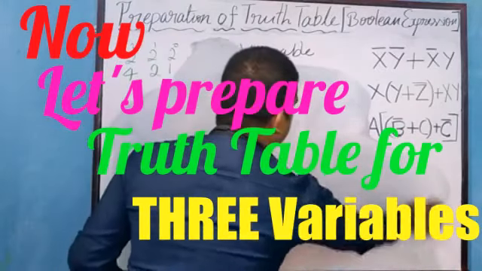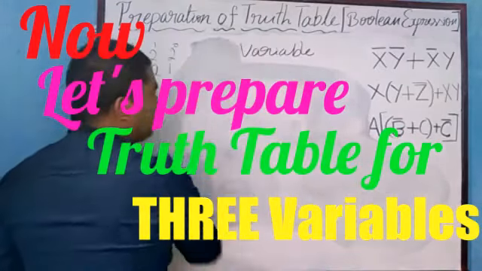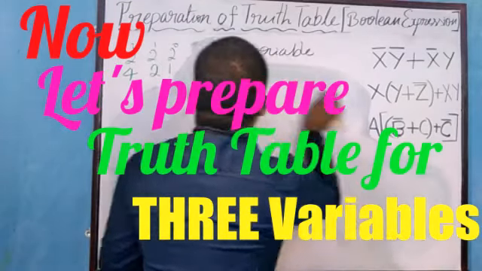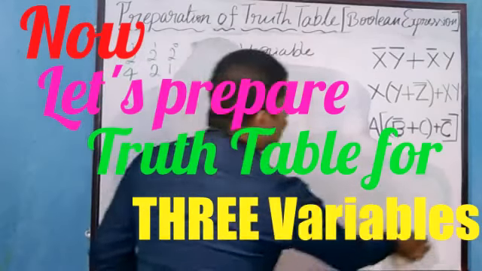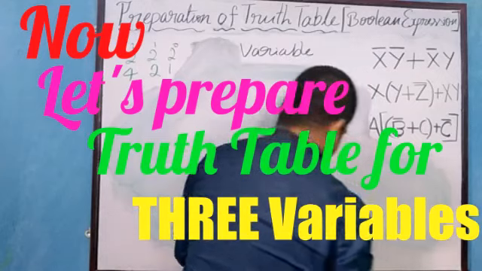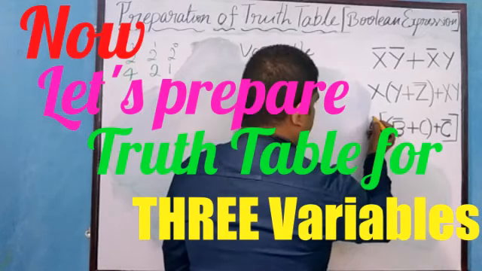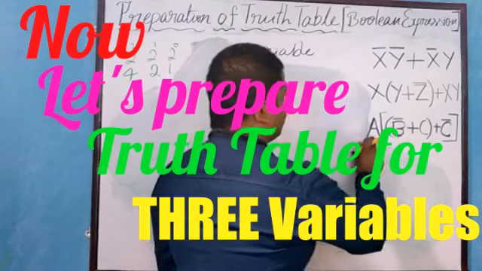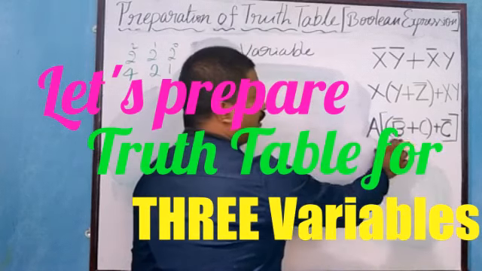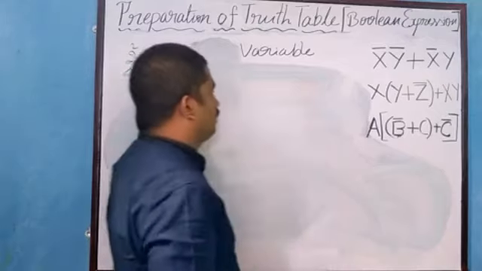Let us take the third one. That is a plus a into, in the bracket, b complement plus c. Let us take this last one: a into, within the bracket we have one more bracket, b complement plus c complement.